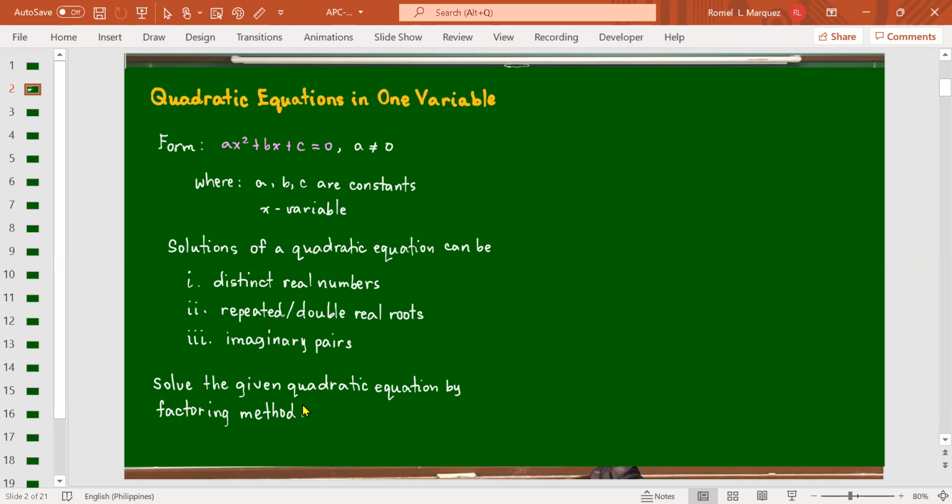In applying the factoring method, we're going to use the principle that if PQ is equal to 0, then P is equal to 0 or Q equals 0 or both. Okay?